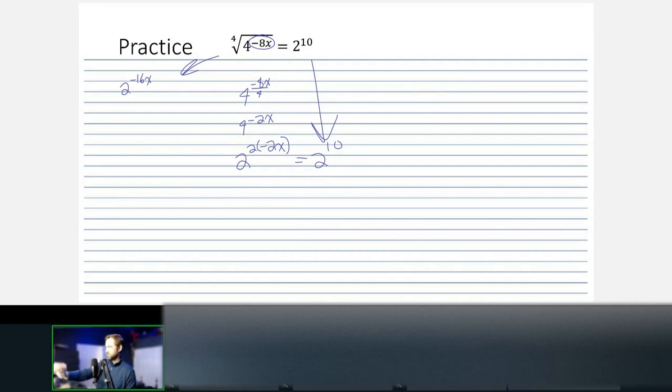And then we have the fourth root of that, and then we could have written this as 2 to the -16x over 4, and then 16 divided by 4 gives us 4. And look, we get the same thing, right? 2 to the -4x. Same thing. So different ways, depending on how you want to deal with it.